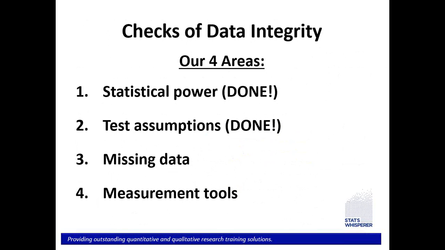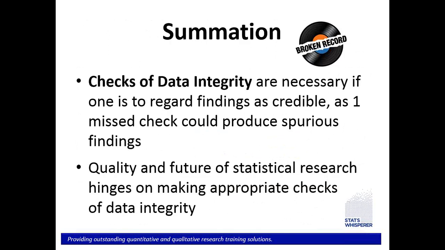So out of our 4 areas of checks of data integrity, we've done 1 and 2, statistical power and test assumptions. Missing data and measurement tools will be for the next class, right? And not to sound like a broken record, but checks of data integrity are necessary to find a study credible, right?